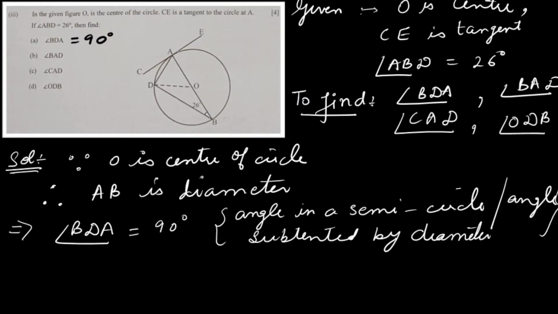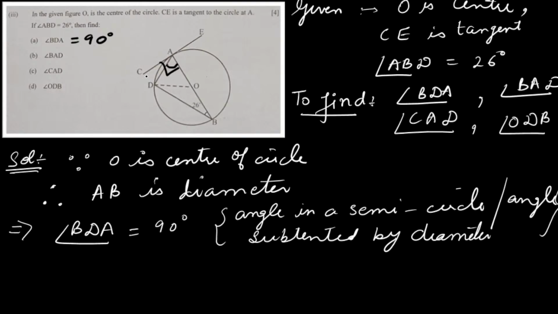Afterward, let's find BAD. BAD is this one. I'll just highlight it now. Angle A cannot be 90 degrees here. This one can be 90: the angle between tangent and radius.